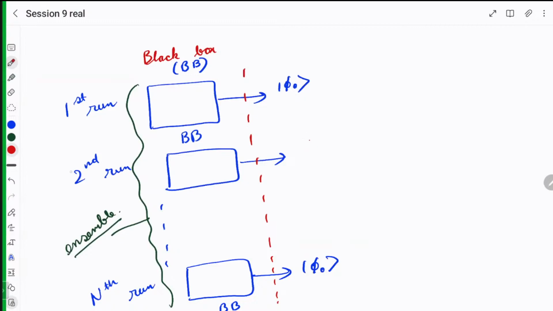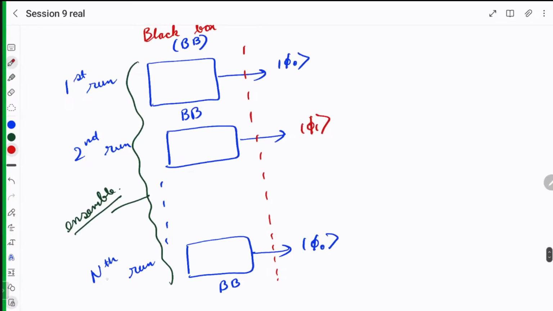If I have run it n times, then n by 2 times the black box gives us ket phi naught, and n by 2 times it gives us ket phi 1.